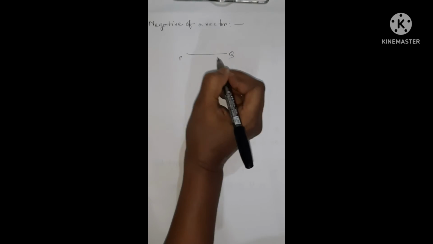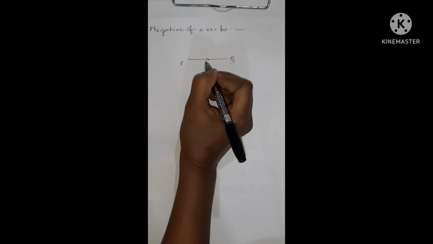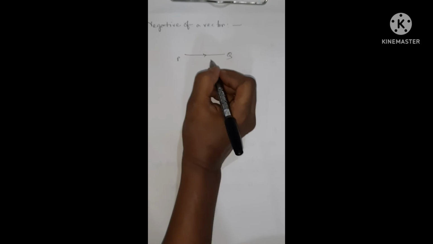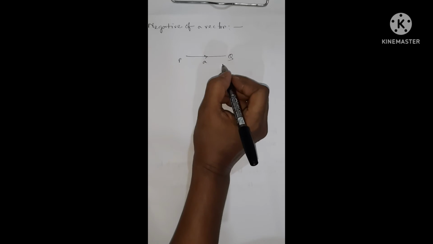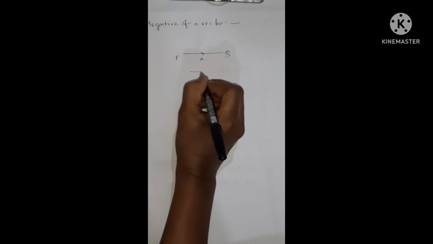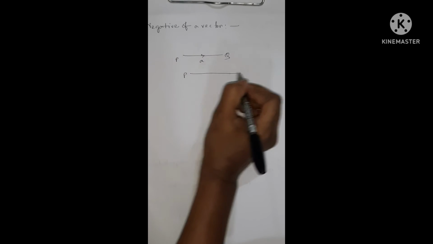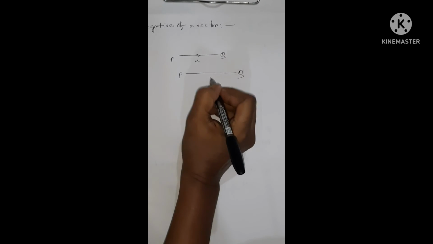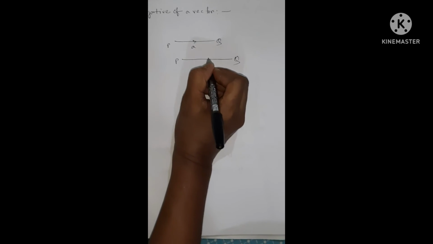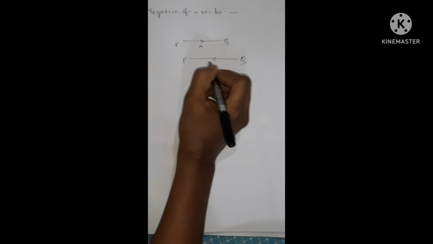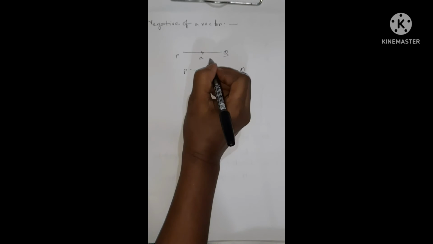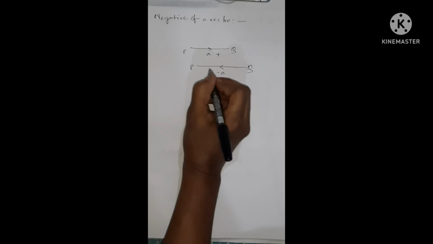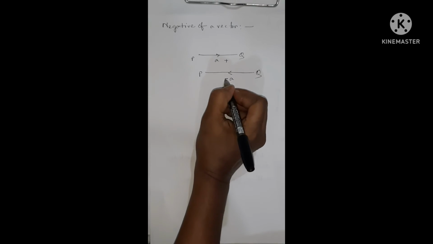This is line PQ with direction A. But if you change the direction on the same line, this is negative A. This is the positive direction and this is the negative direction.